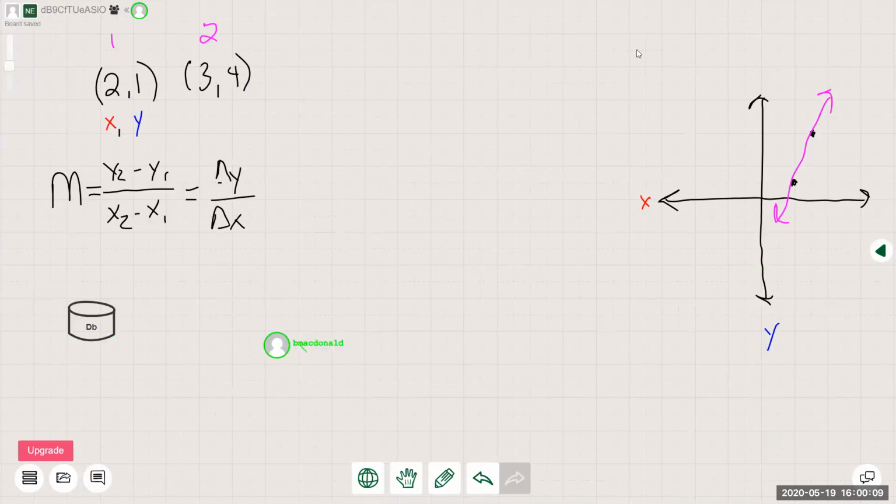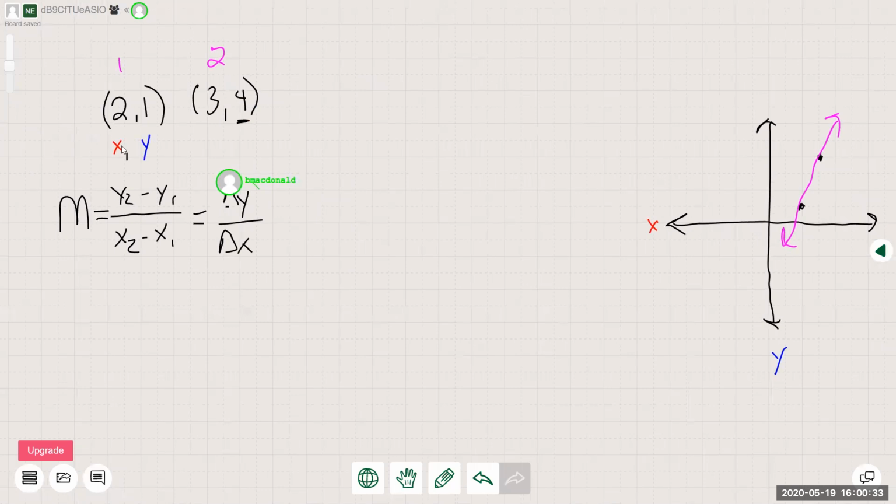To plug this in, first we need to take our y2, which is the 4. And why don't we go ahead and mark those as y2 and y1. That way we can remember which is which, and we'll do that for each of them so that we don't have to worry about confusing them.